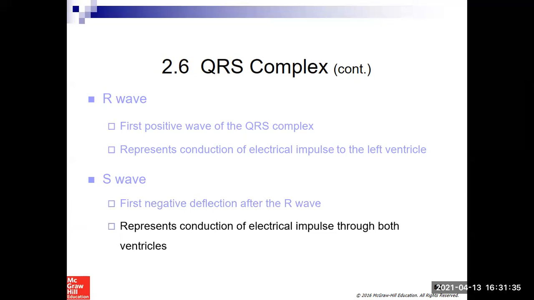Think of simultaneously when you think of your S wave, because at one point it said that it stimulates simultaneously. So think of the S as simultaneously to say both. And your R wave is your left ventricle.